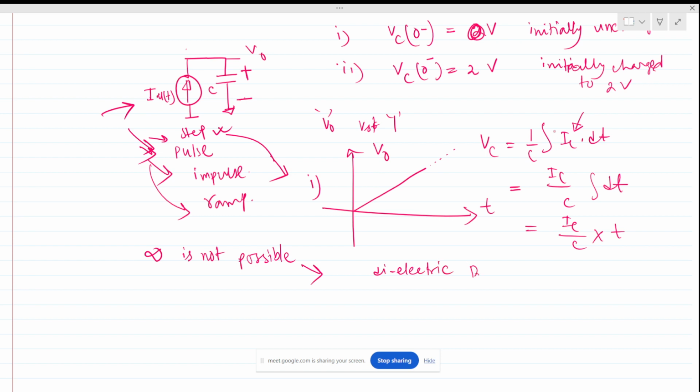Let's assume, for a numerical value, the dielectric breakdown voltage of the capacitor is 100 volt. So it will reach 100 volt, then it will stop charging. So this will be like this, 100 volts. This is for the case when the capacitor is initially uncharged, or charged to 0 voltage.